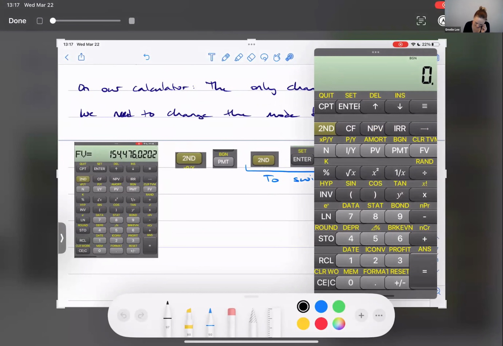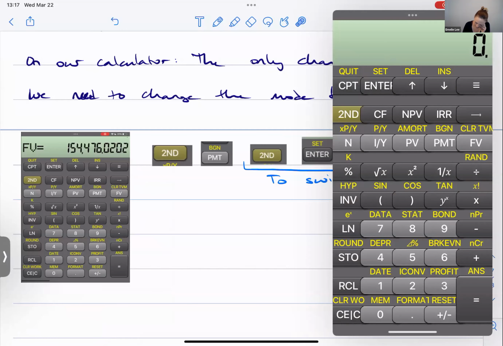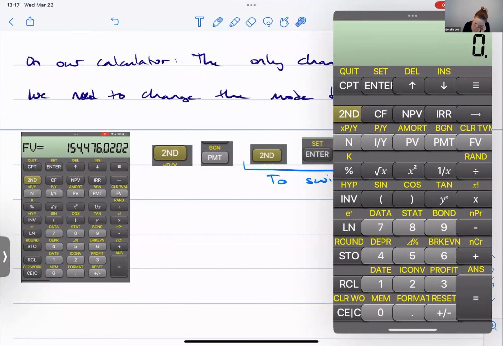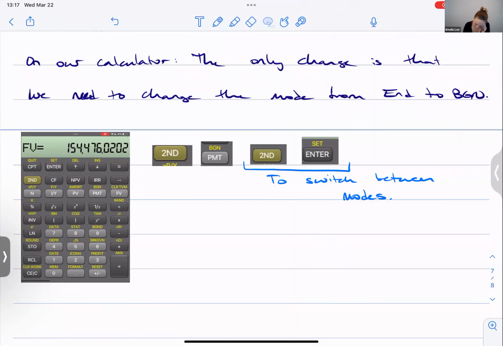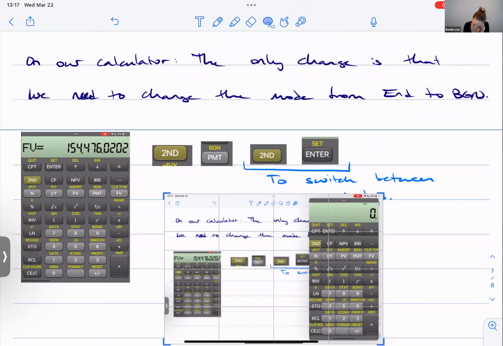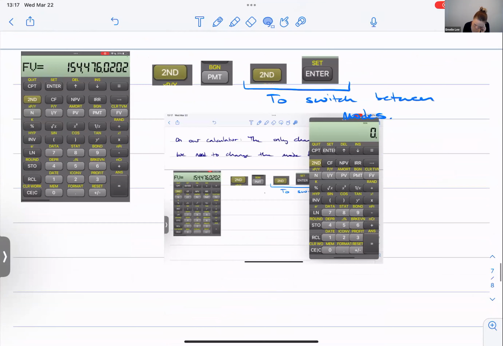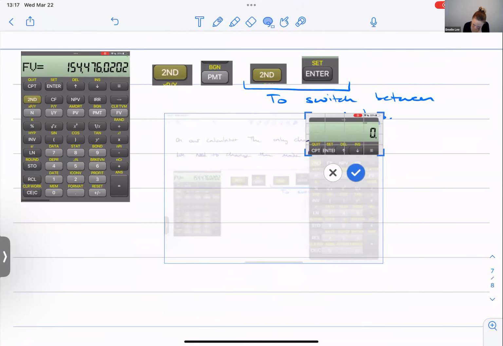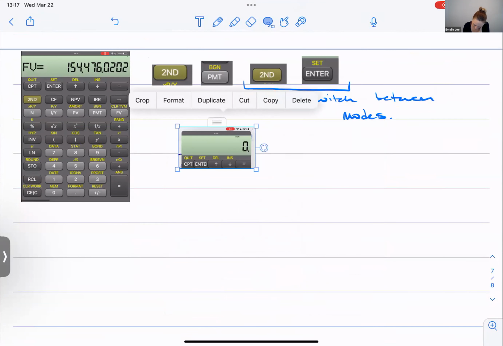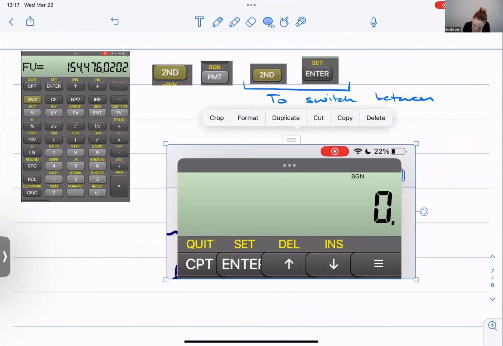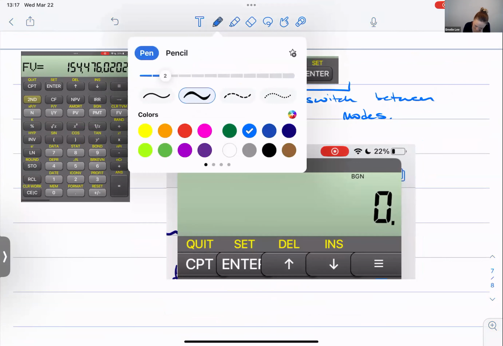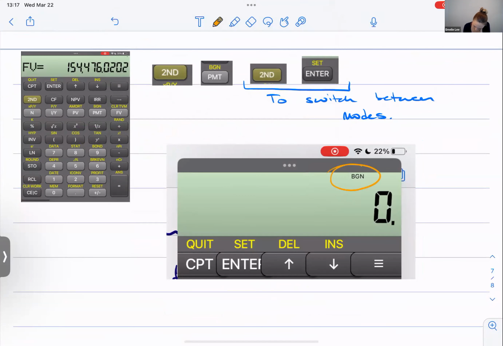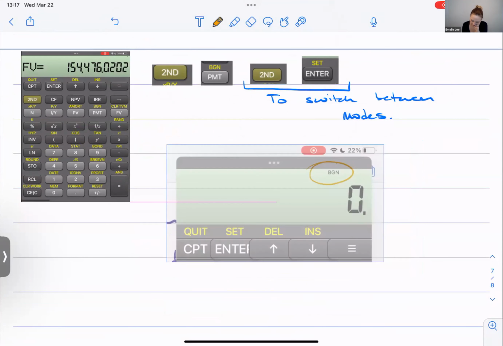So if you are in begin mode, it'll show here, even out of that menu.